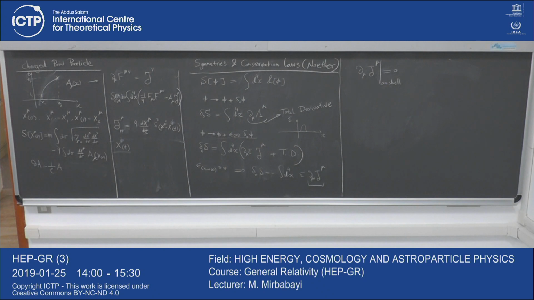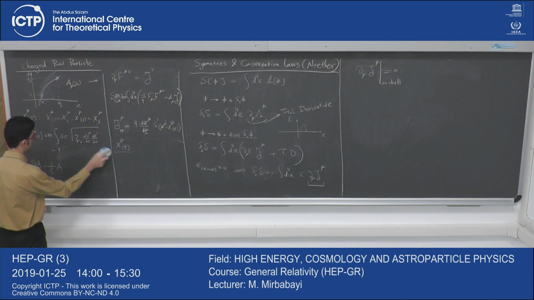Now here, I'm doing a similar thing. I'm taking this epsilon to be an arbitrary parameter, and the statement is that as long as this arbitrary parameter vanishes at the boundaries, then the linearized variation of the action has to vanish on the solutions of the equations of motion.